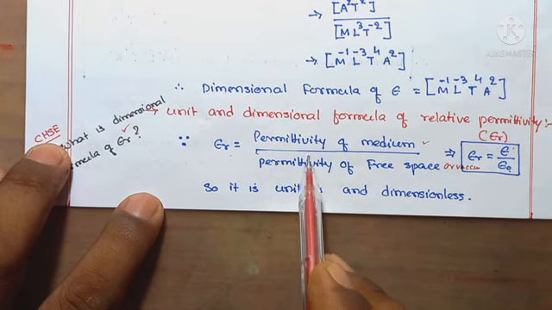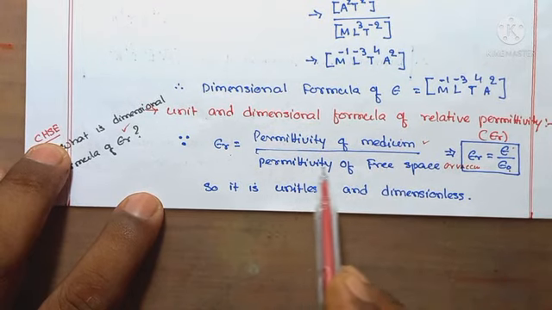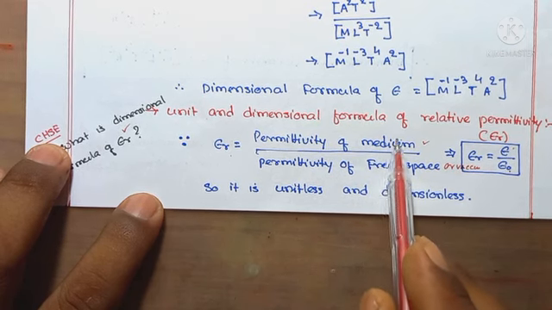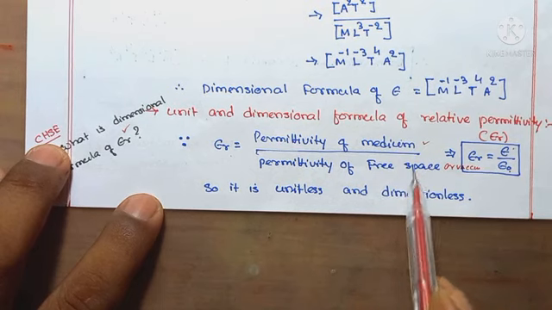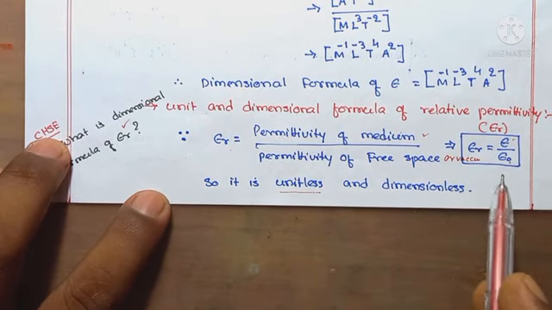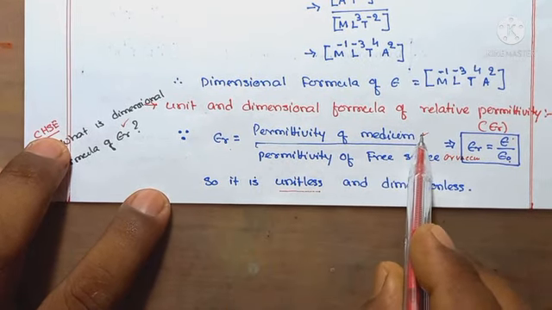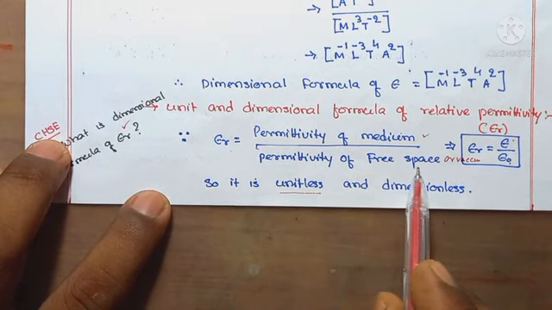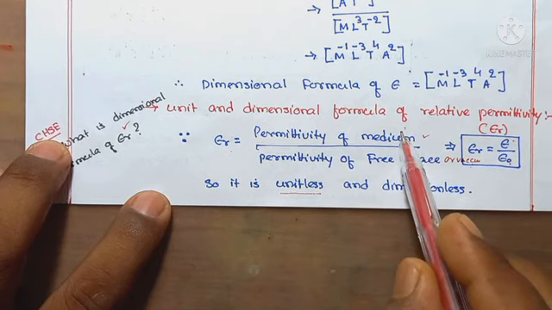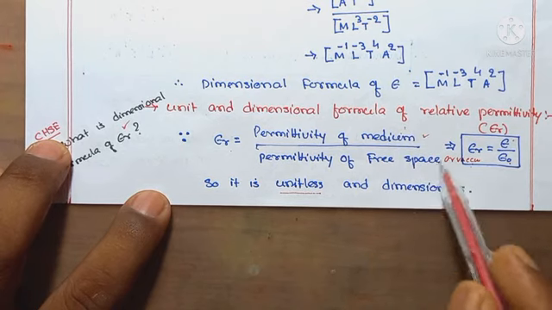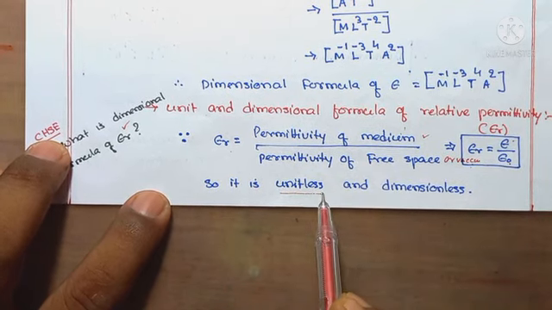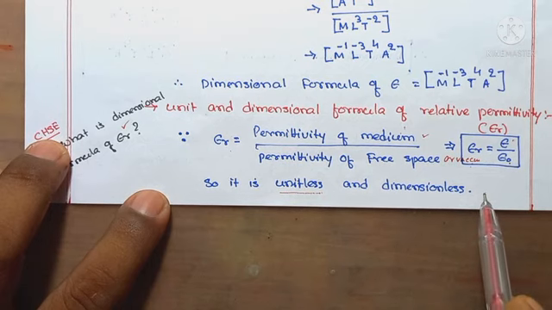Since it is the ratio of two permittivities, the units cancel, so it is a unitless quantity. Similarly, the dimensions of both cancel each other. Therefore relative permittivity is a unitless and dimensionless quantity.